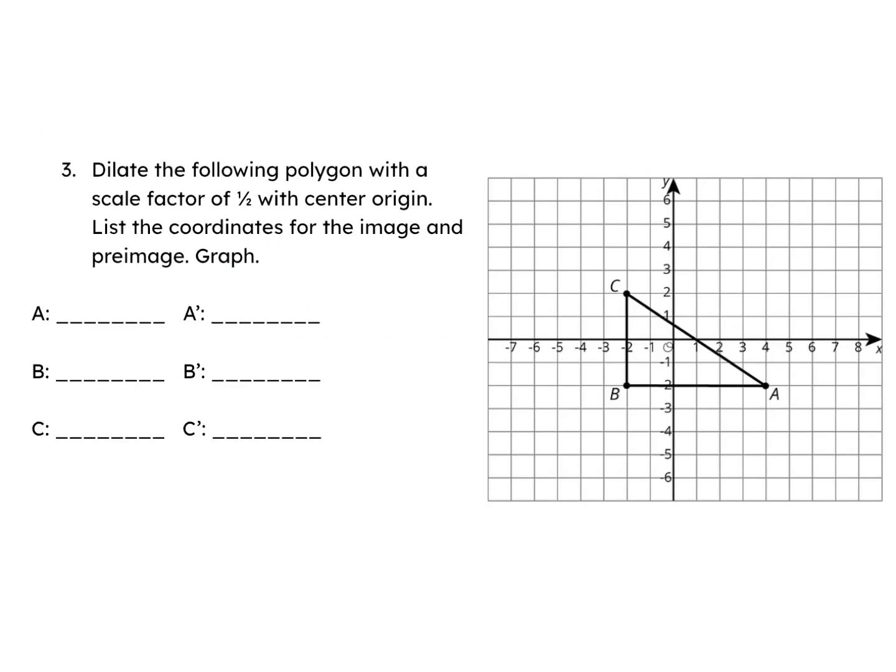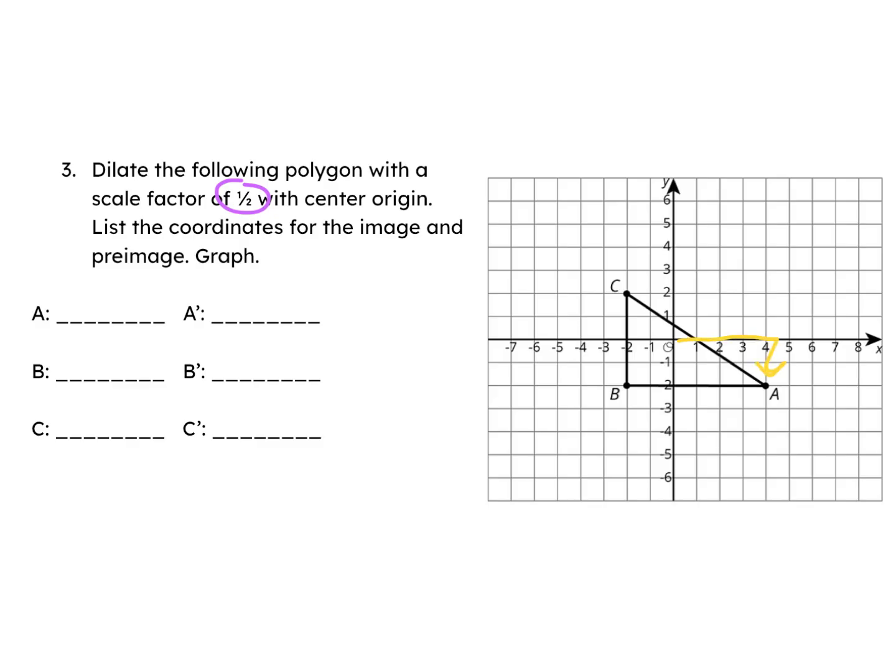For number 3, we're going to dilate the following polygon with a scale factor of 1/2. And the center is the origin. List the coordinates for the image and the pre-image, and then graph it. Okay, so let's first list all of our coordinates of the image that is there. So beginning with A, you can see that A is forward 4 and down 2.